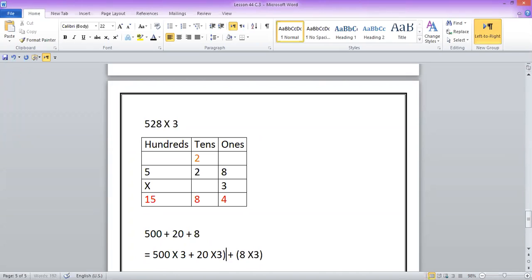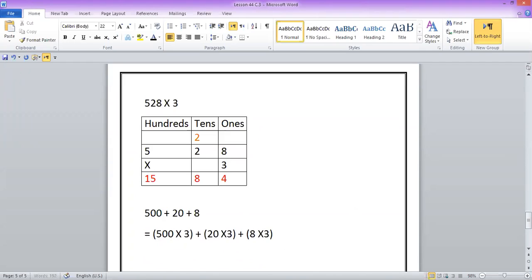Now I put a bracket so that I know what I need to do first. 3 multiplied by 5 equals 15, and I will write 2 zeros here. It's 500 plus 3 multiplied by 2 equals 6. I will write a 0 on the right side because there is a 0 in 20, plus 8 times 3 is 24.